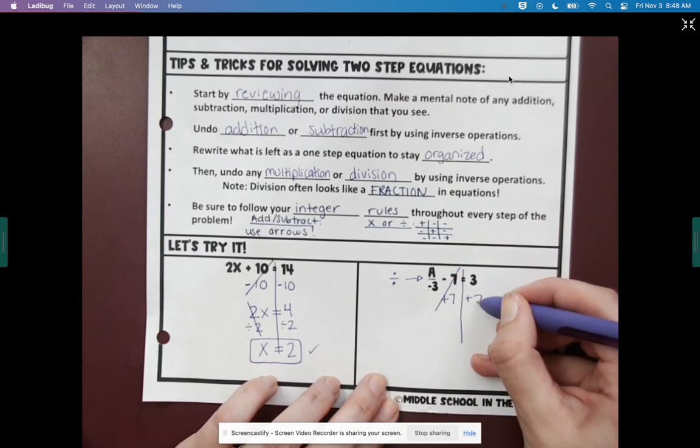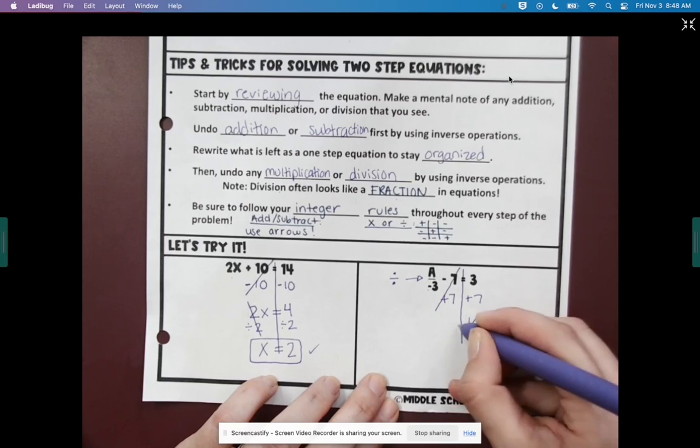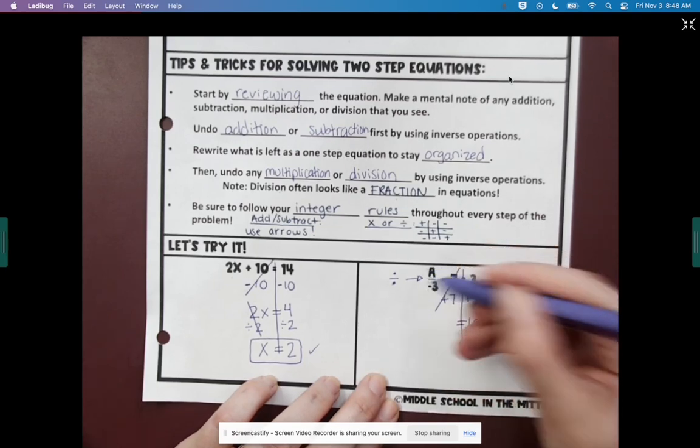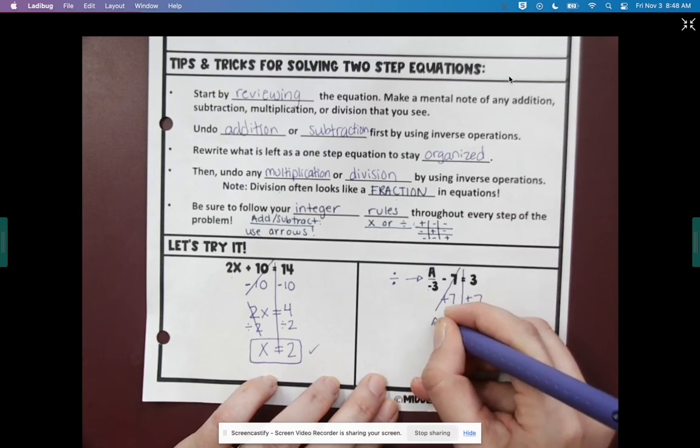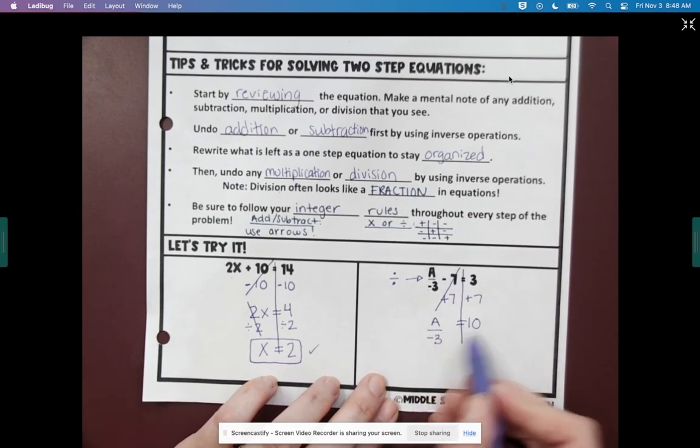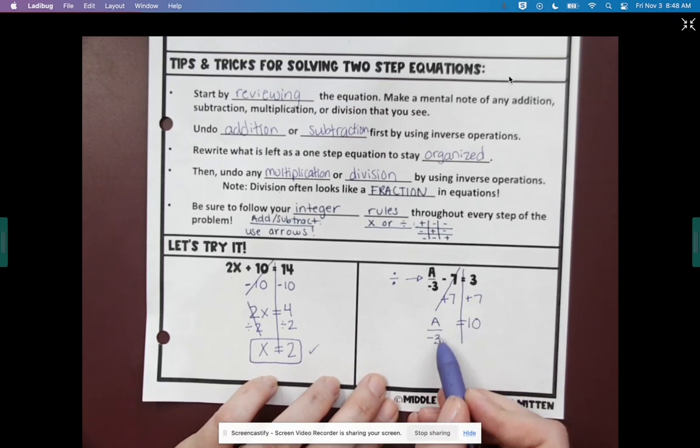3 plus 7 is 10. I'm going to bring down everything that I still have from my original equation and rewrite it. A divided by -3. So now I have a one-step equation. A divided by -3 equals 10. To get rid of division, I have my variable a. I'm dividing it by -3 right now.